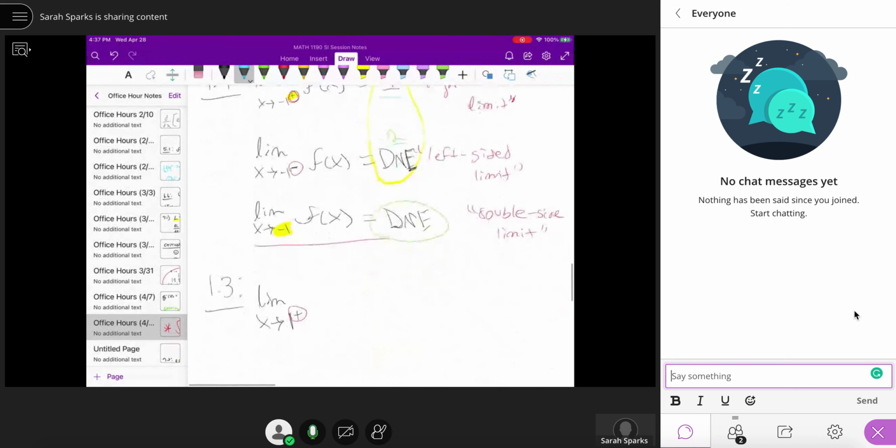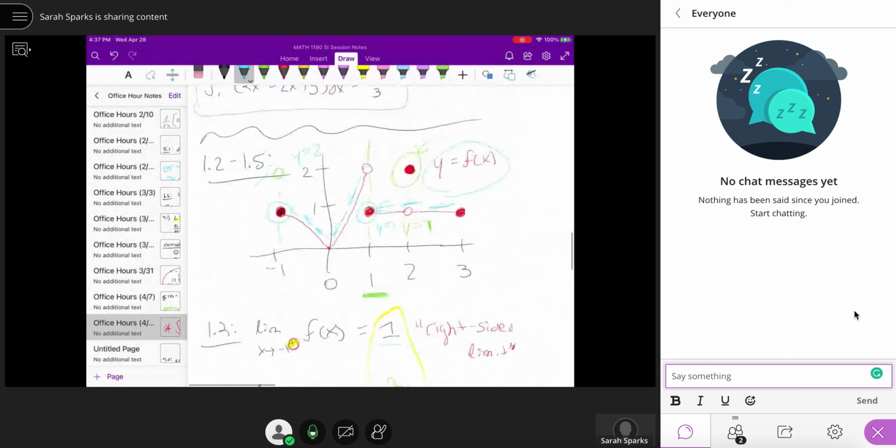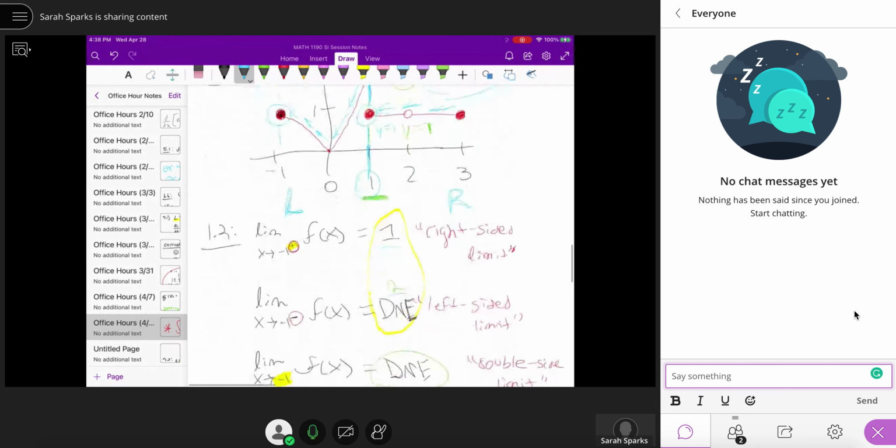So when you said it was coming from the right side, that means we start from the right side and then go towards that point. Oh, okay, that helped. So from this line, since we're looking at 1, this would be considered the left side of that point, and this is considered the right side of that point. And that'll change depending on what number you're looking at.